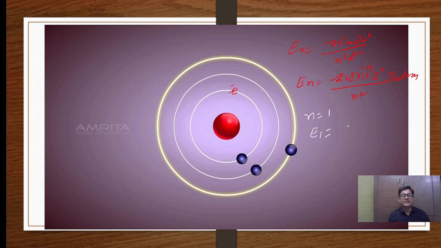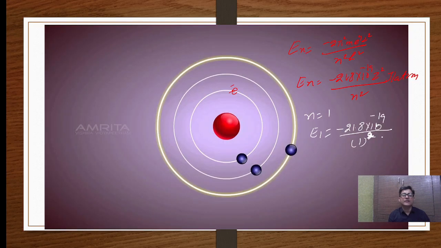The energy of the first orbit is -21.8 × 10⁻¹⁹. Z is equal to 1 because Bohr studied hydrogen or hydrogen-like elements. If we consider hydrogen, whose atomic number is 1, there is no need to put in the value, and we are finding the energy of the first shell in joules per atom.